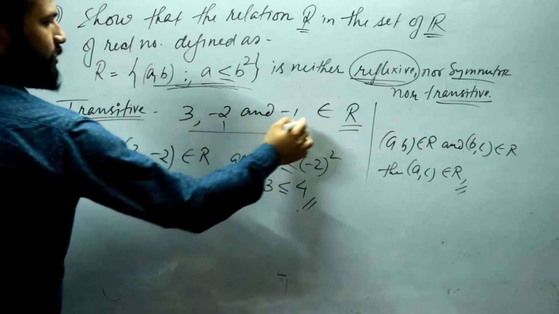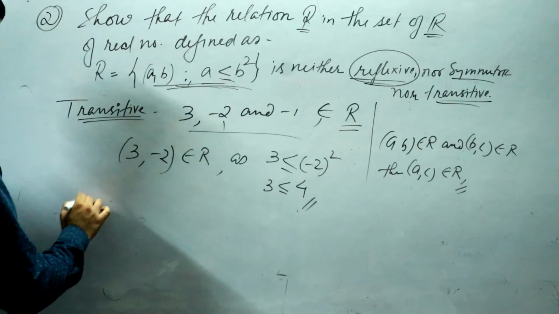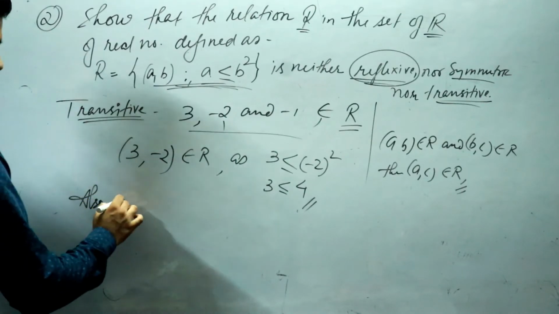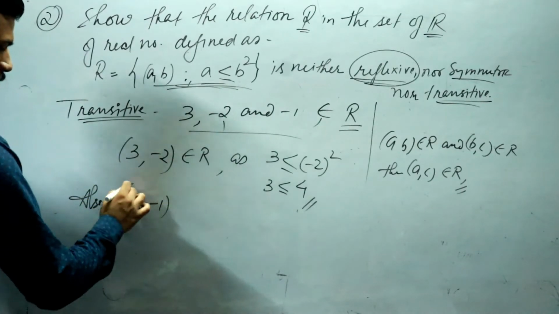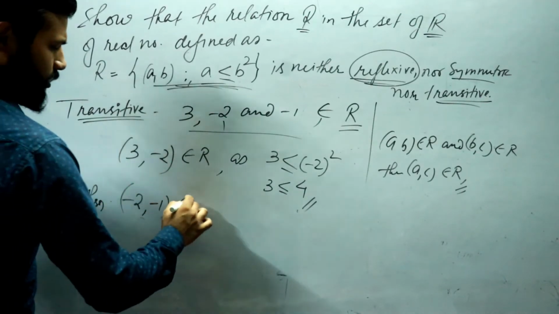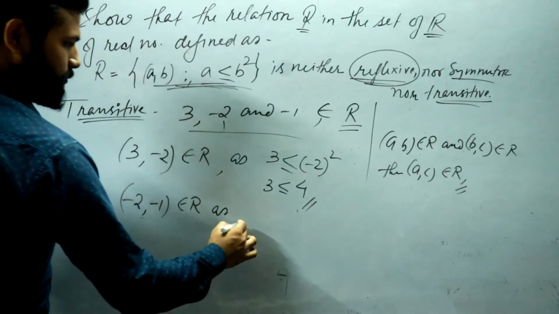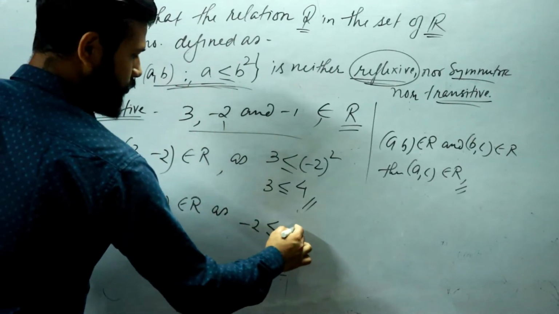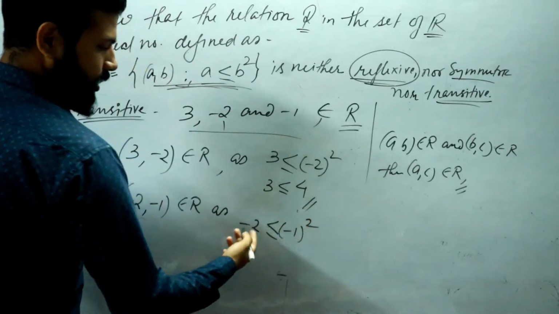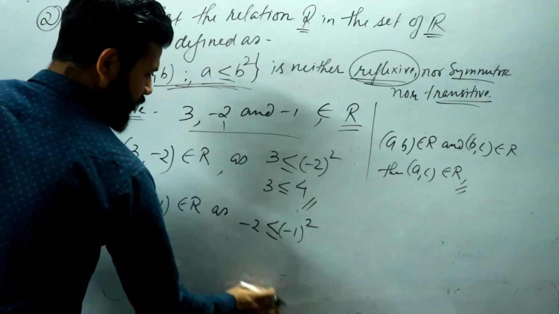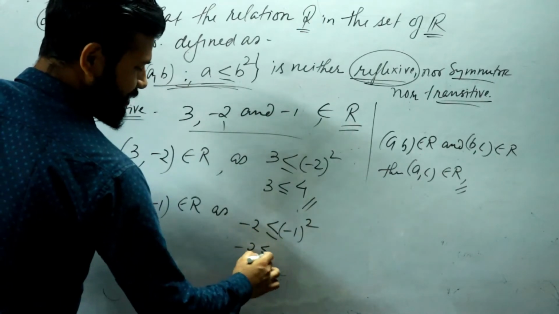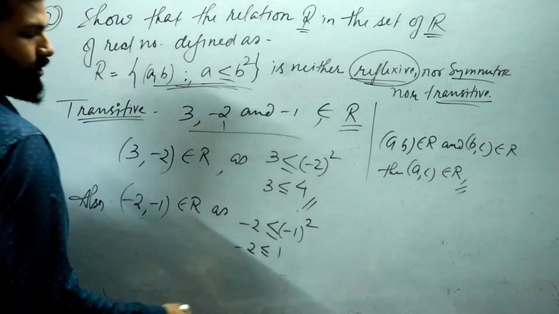Now I can take B, C also exists in the relation. Also we can write that (-2, -1) belongs to the relation, as -2 is less than or equal to (-1) squared. Very nice. Obviously -2 is less than 1, since (-1) squared is 1.